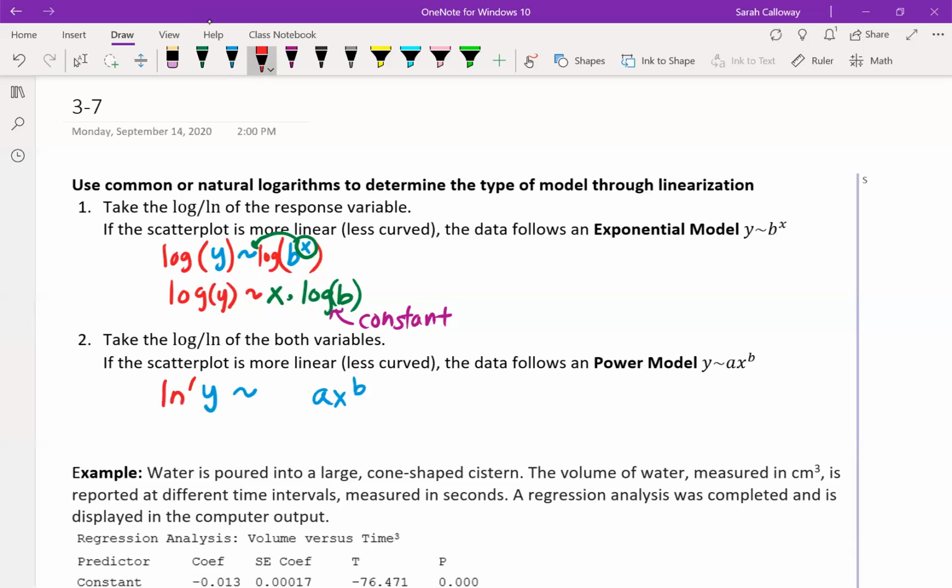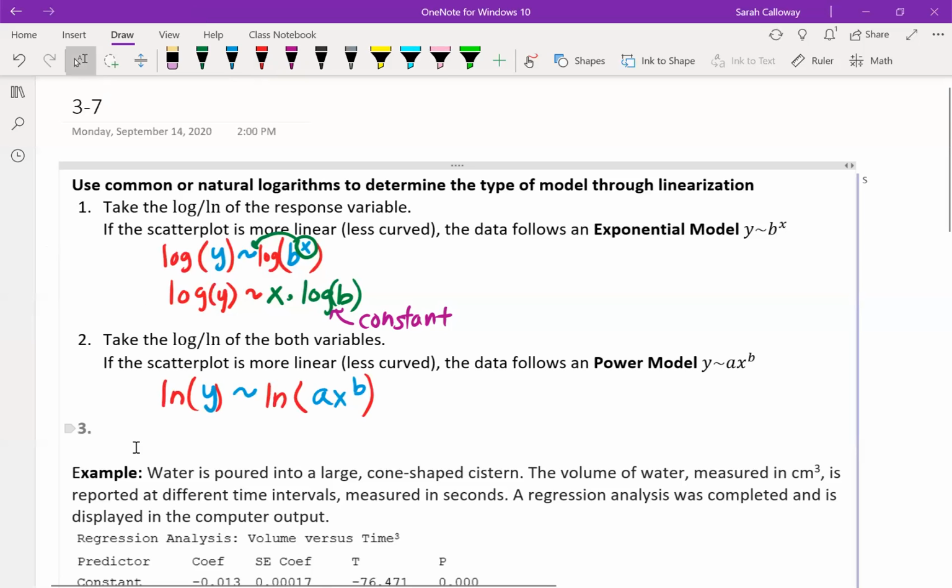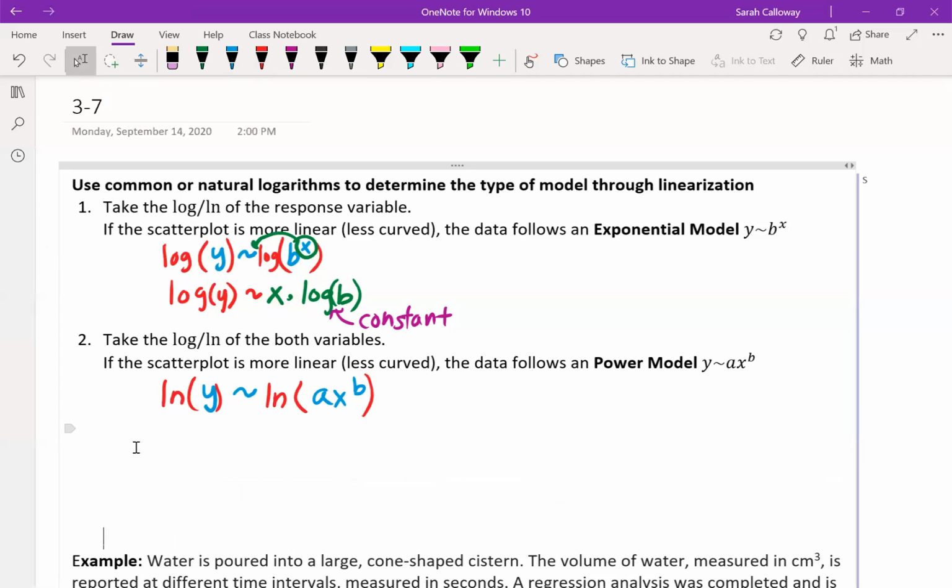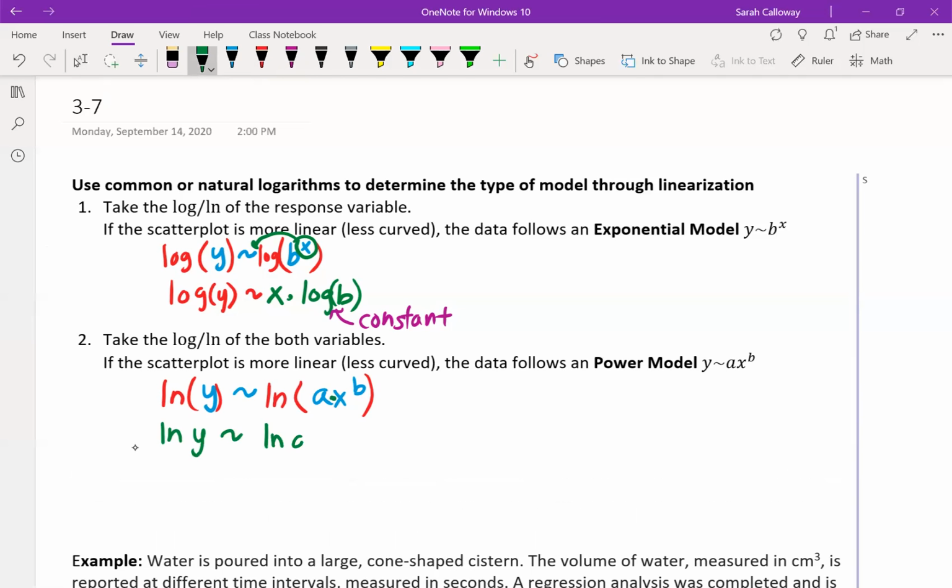If I take the ln of both sides of this equation and use properties of exponents, let me give myself a little more space. I can't necessarily use the power rule right away, but I can use the product rule. So I have ln of y is approximately, because these are being multiplied inside the log, I can expand that to ln of a plus ln of x to the b power.